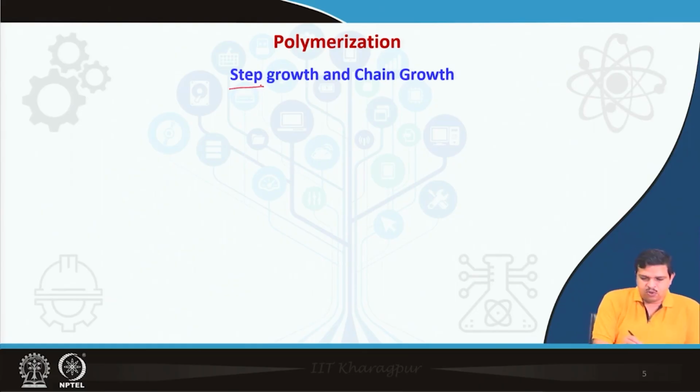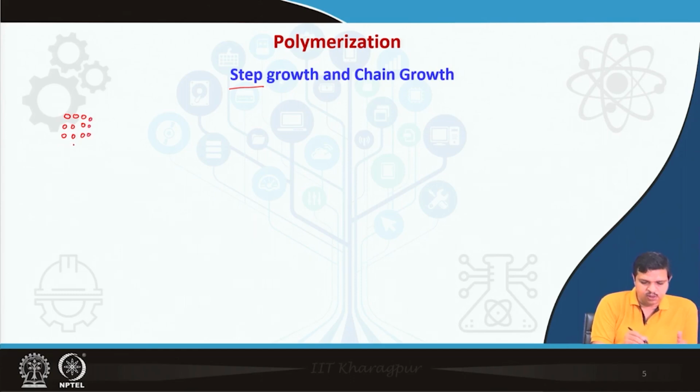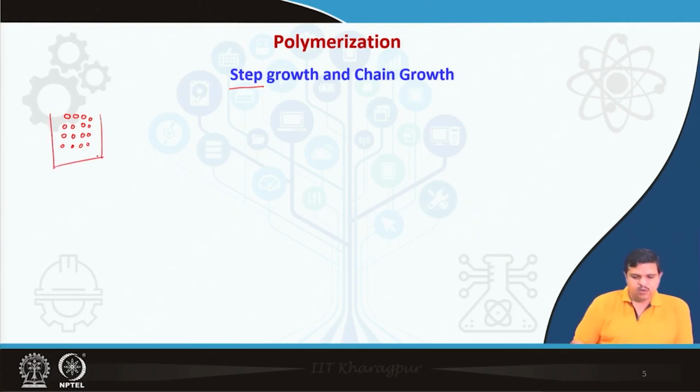As the name suggests, step growth. So, what is that? The polymerization will proceed as steps. Suppose I have monomers in the polymerization reactor. These small rounds are the monomers, sorry. So, this is my polymerization reactor, where you are doing the polymerization.